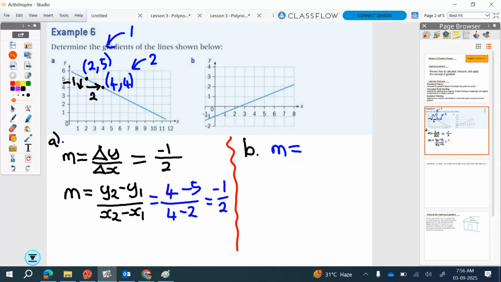Try to use the slope triangle, I think it would look so much quicker.